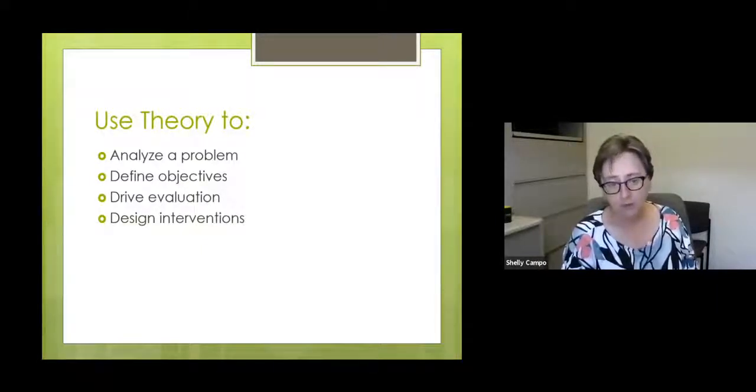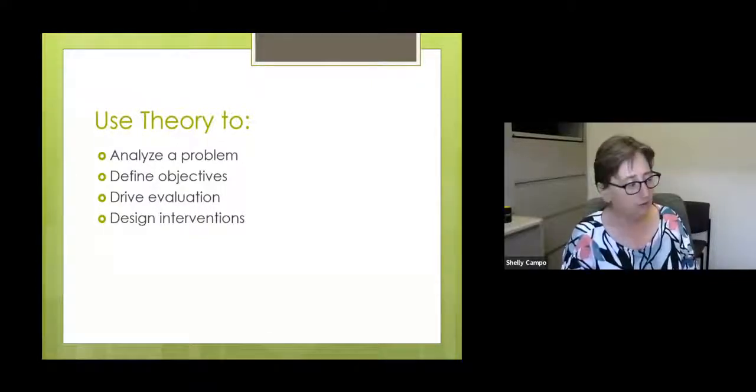And they can be very useful in pointing to the different facets interventions need to have in order to be able to produce change. There are lots of theories, and people sometimes think there are too many theories. But I would say that theories are like other kinds of tools. There is not a one size fits all. Some problems lend themselves to certain kinds of theories and some to others.